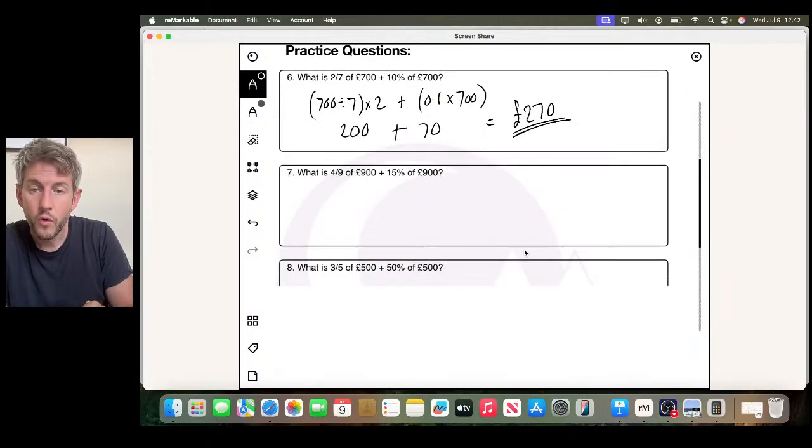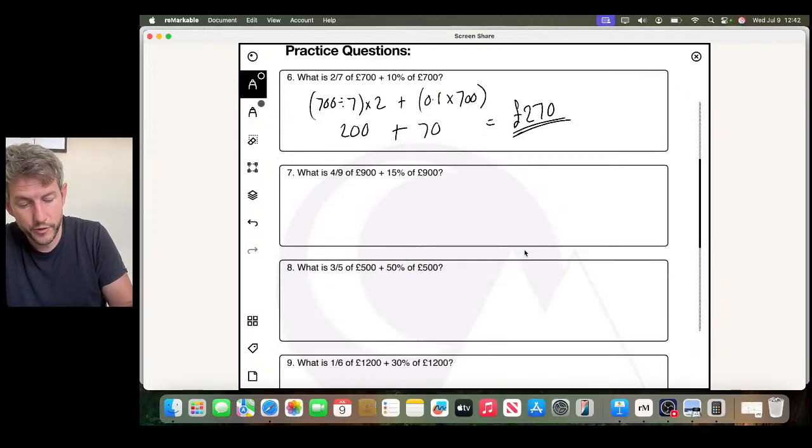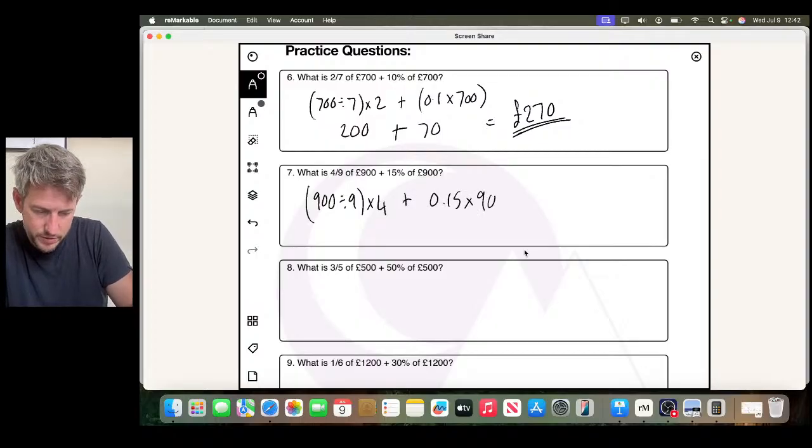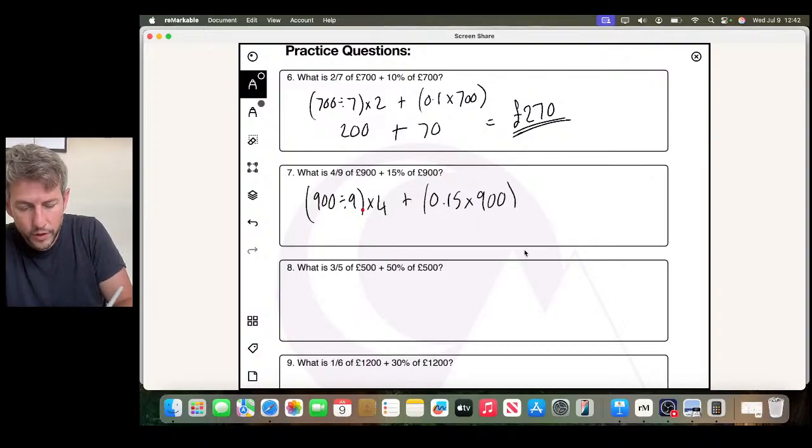What is 4/9 of 900 plus 15% of 900? So we've got 900 divided by 9 to get 1/9, and times by 4, plus 0.15 times 900. 900 divided by 9 is 100, times by 4 is 400.